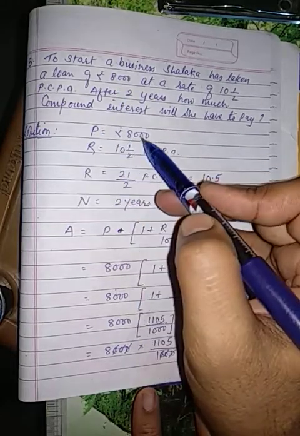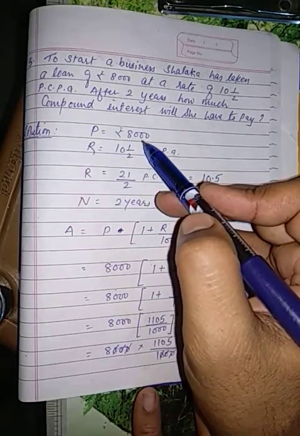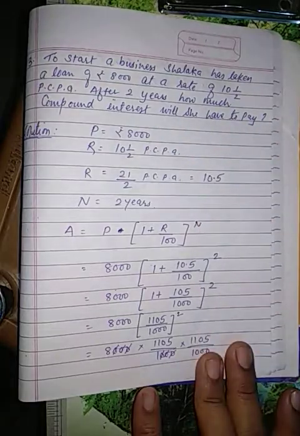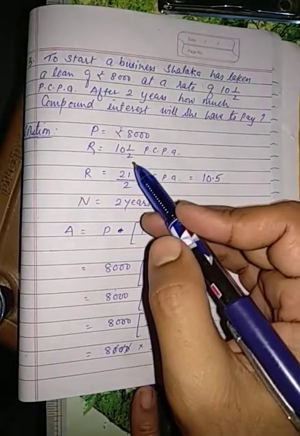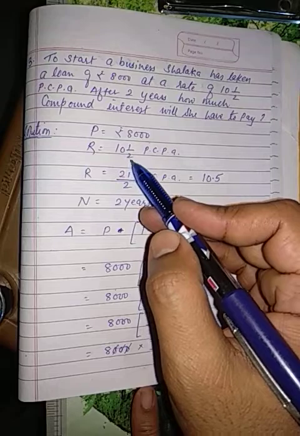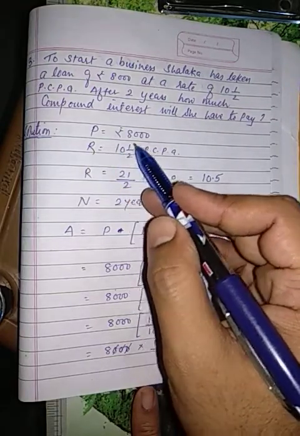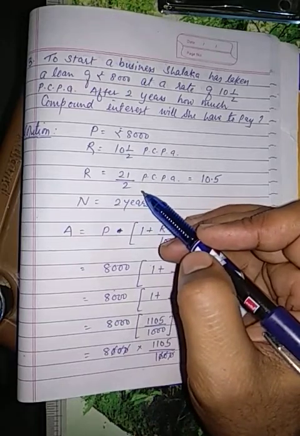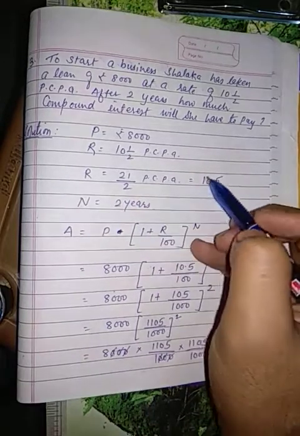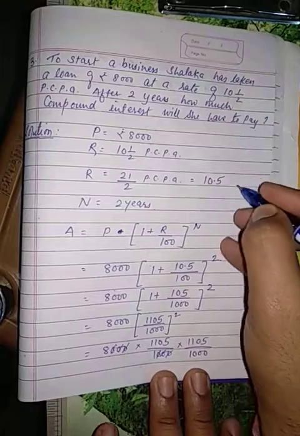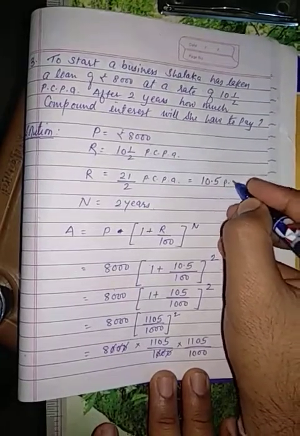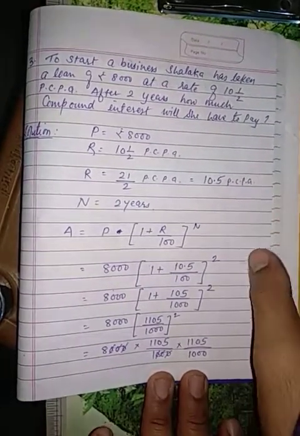So principal is equal to rupees 8,000. Rate is 10.5. Okay, so 10.5 can be converted into a proper fraction. 2 tens are 20 plus 1, 21 upon 2. Divide by 2, you will get 10.5 PCPA. So I have simplified this as 10.5 PCPA.